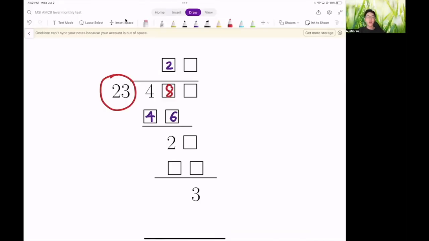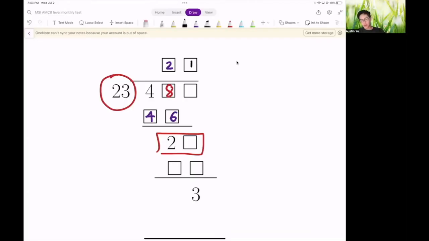Well, let's see here. What's next? This time we are given that the number at the bottom is 20 something. We know that the only possible number that 23 can go into this number is 1, right? Because no matter what you put on the right-hand side of 2, it's always going to be 20 something, which means that the largest number it can be at the top is 1.